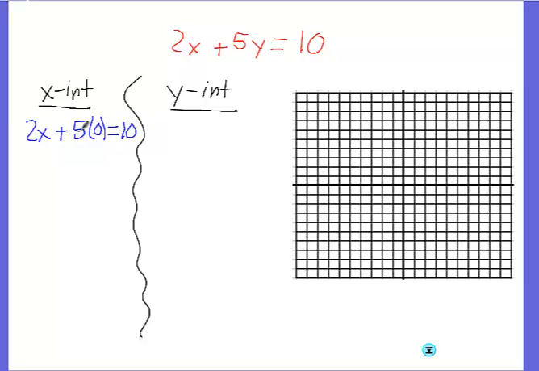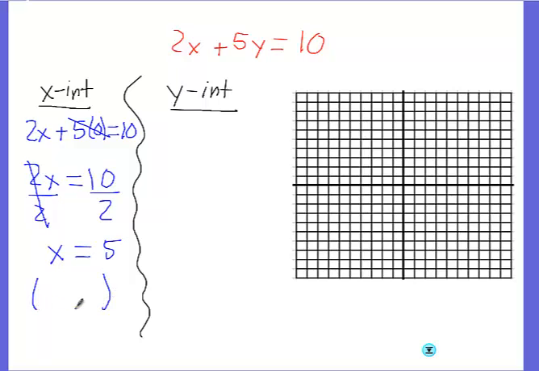So all I'm doing is substituting a 0 in for y to solve for x because we know our x-intercept has a y value of 0. Okay, so that cancels because 0 times anything is 0. We're left with 2x equals 10. We'll divide both sides by 2. And we know that x is equal to 5.